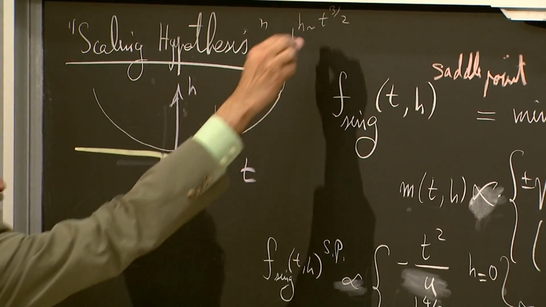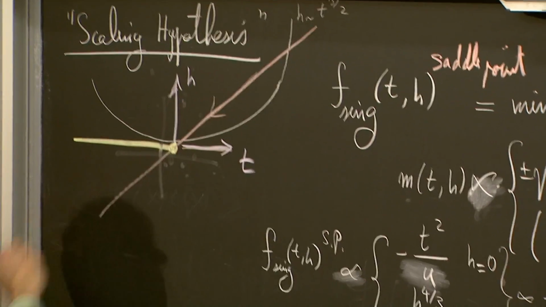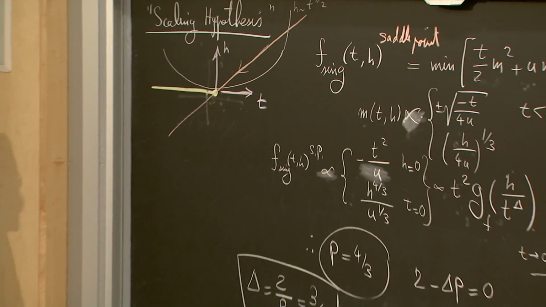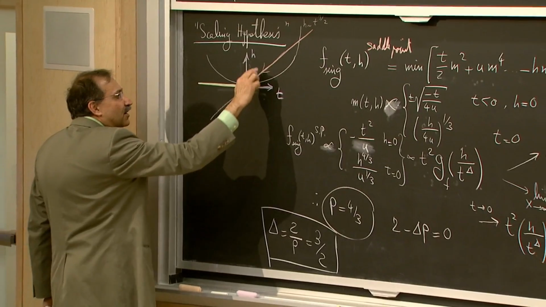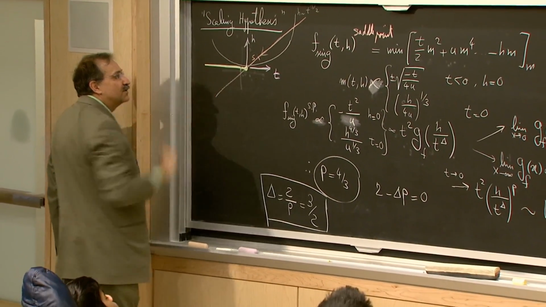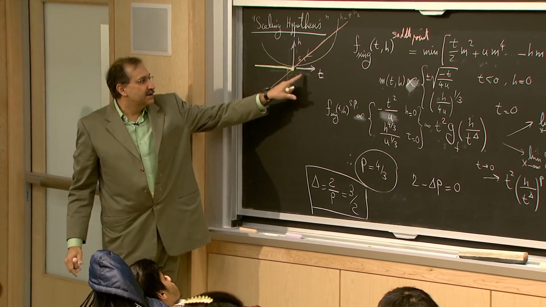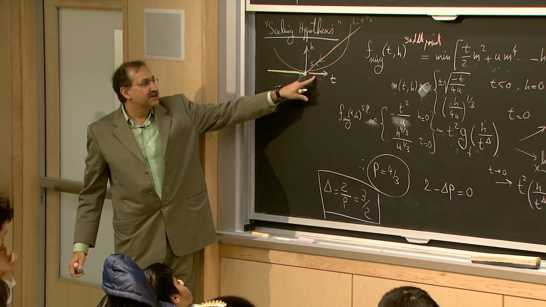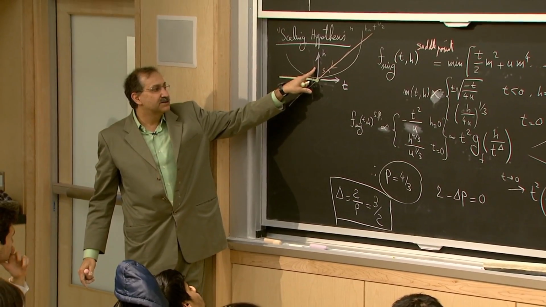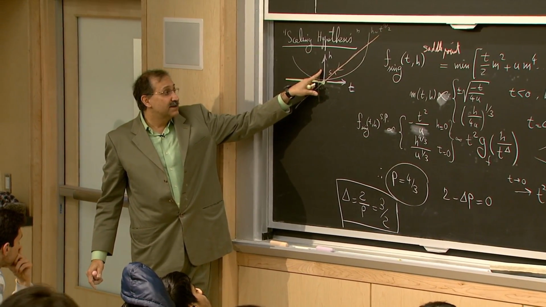So a path that, for example, comes along a straight line, if I call the distance that I have to the critical point s, then t is something like s cosine theta, h is something like s sine theta.